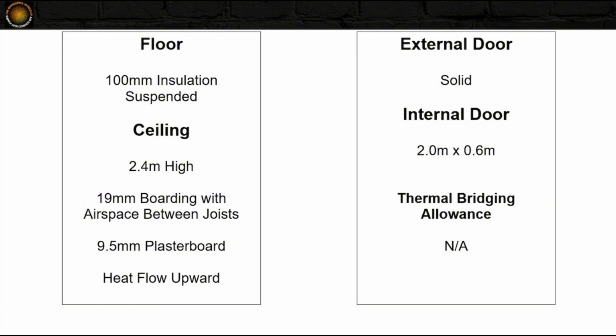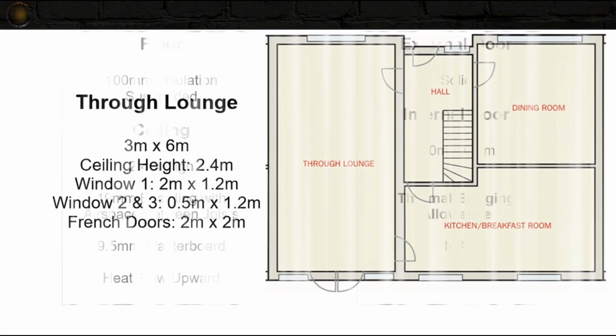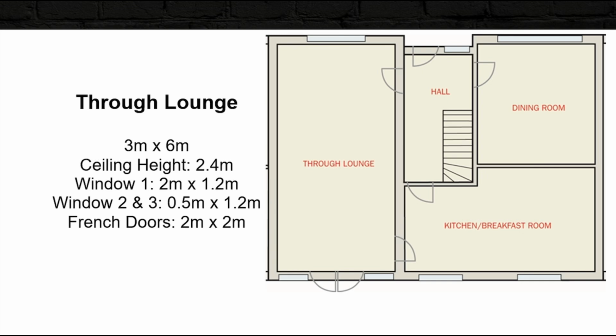Now, our project for our case study is just going to be a singular room, and we are going to concentrate on the lounge. So it is 3 metres wide, so side to side. The ceiling height is 2.4 metres and it is 6 metres in length.